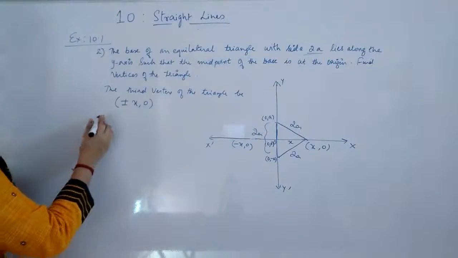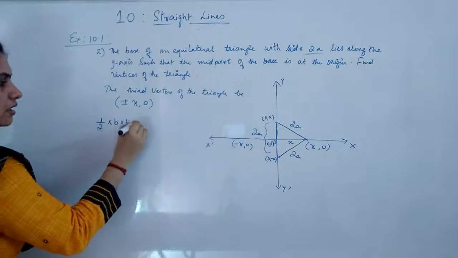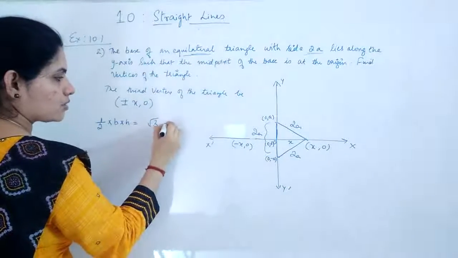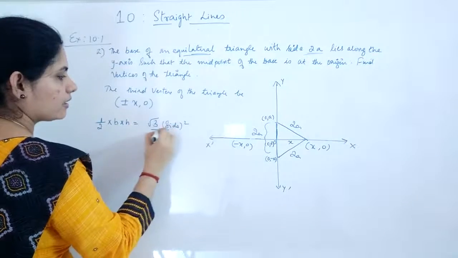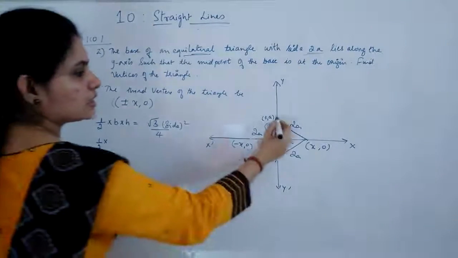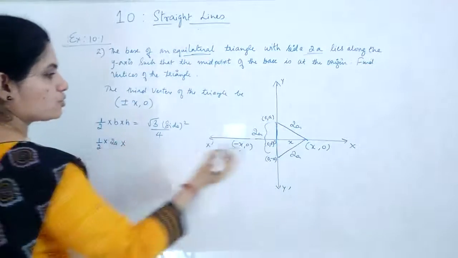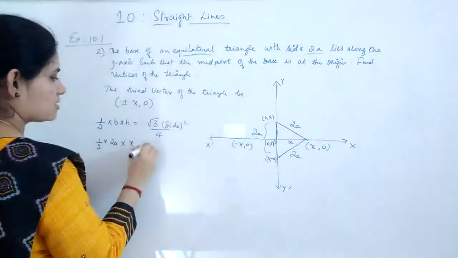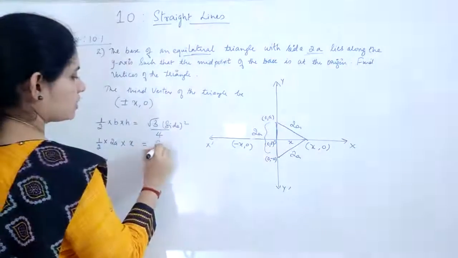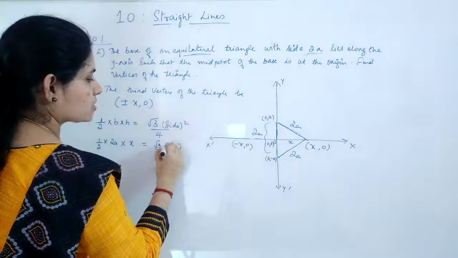So the area of the triangle will be half BH, and it will be the same as, since it is an equilateral triangle, root 3 by 4 times side squared. Now replacing half b: you will get half into 2a into the height x, equal to, we are not substituting plus or minus here, for the vertex we will substitute, root 3 by 4 into the side squared. The side's length is given to be 2a, so it is (2a) squared.